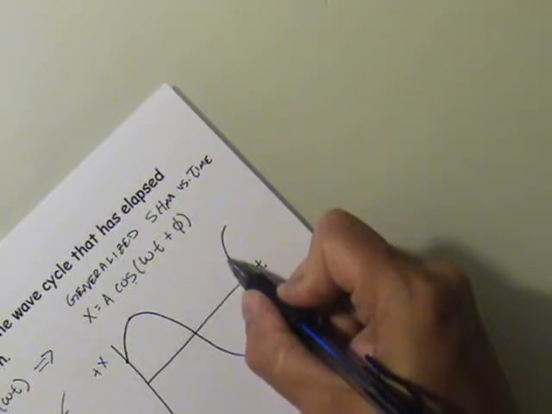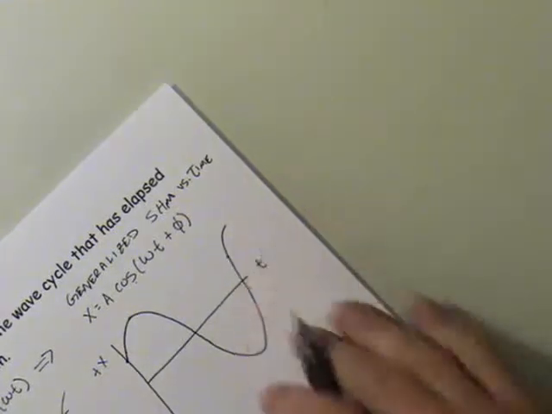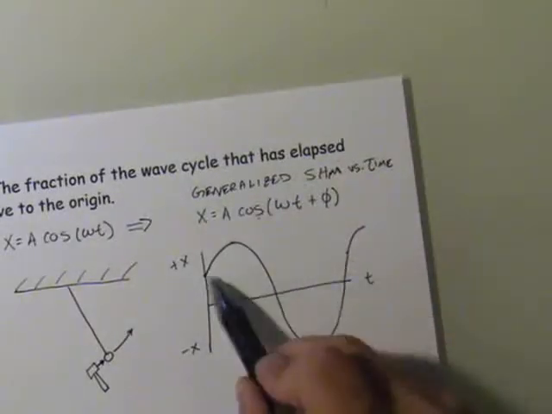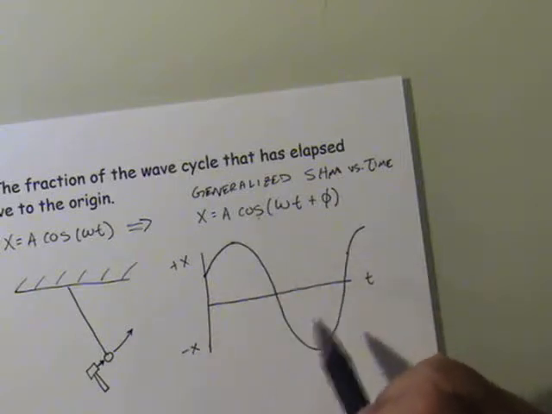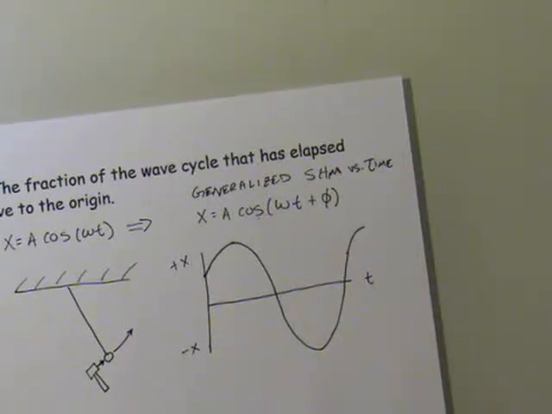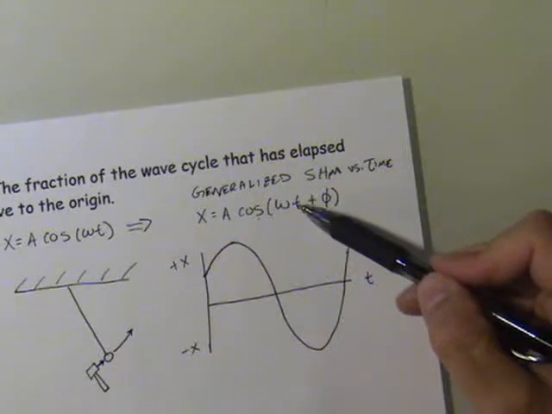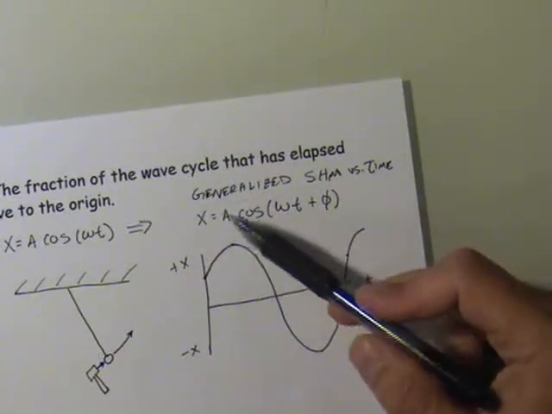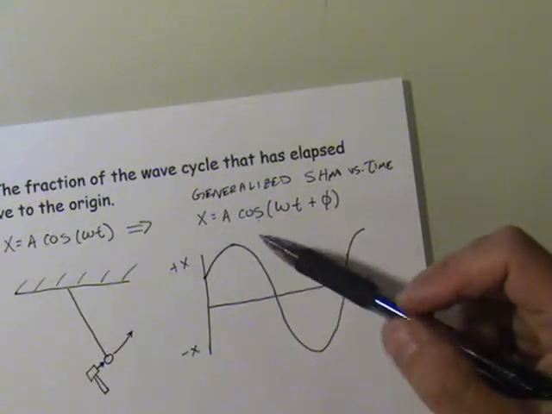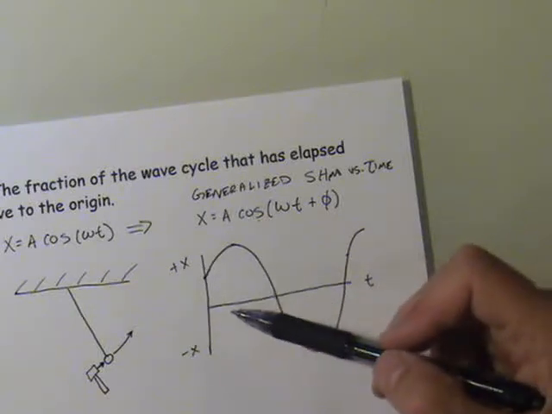Okay, and here's the point at which we would have completed one full cycle. That is to say, we would be in the exact same position where we started. But the problem is that at time equals 0, we are not at a position of its maximum displacement.